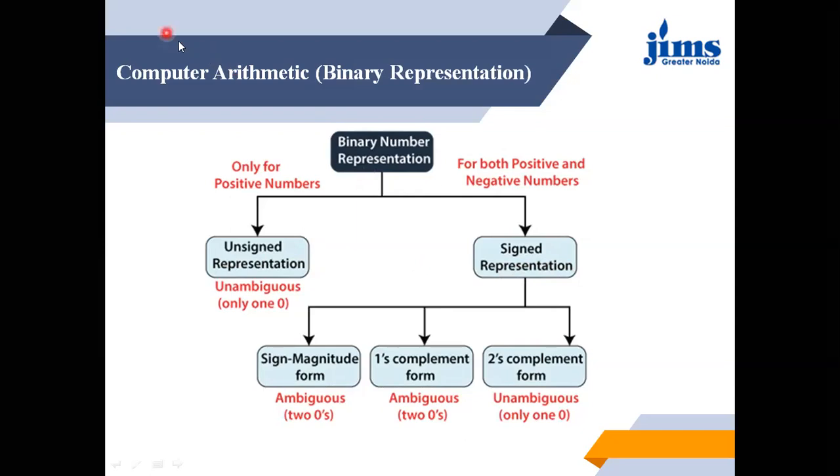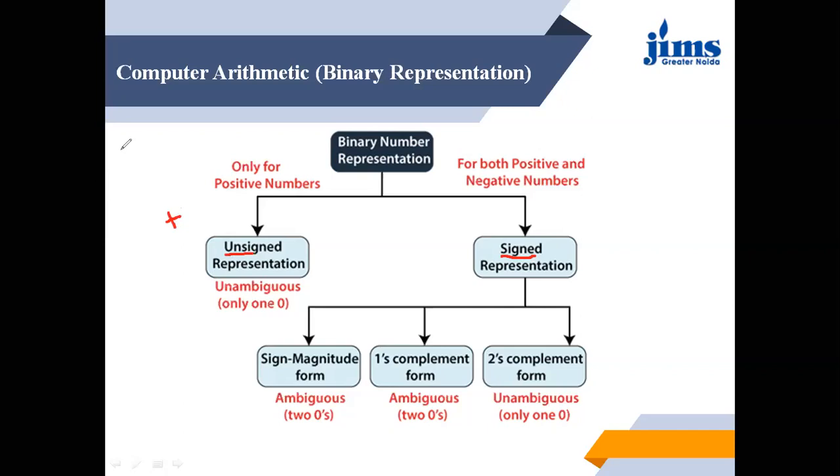As I told you, there are two types of number, positional and non-positional. Here we are dividing binary numbers into unsigned numbers and signed numbers. When no sign is given, we consider those numbers positive.